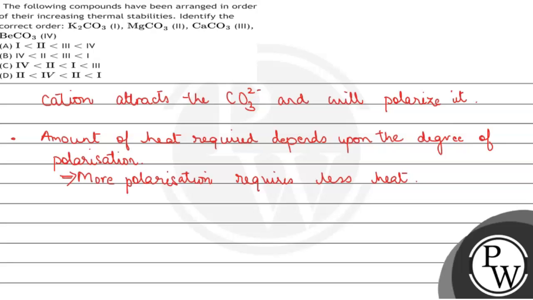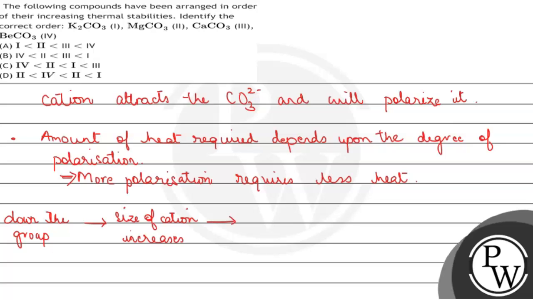अब हम trend देखते हैं. As we move down the group, what happens is that size of cation increases. Right.